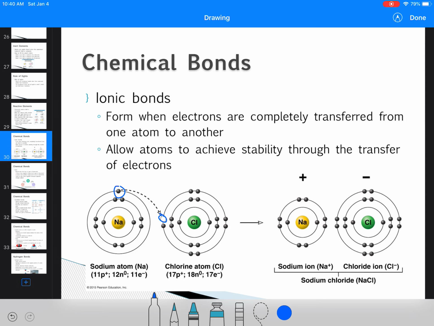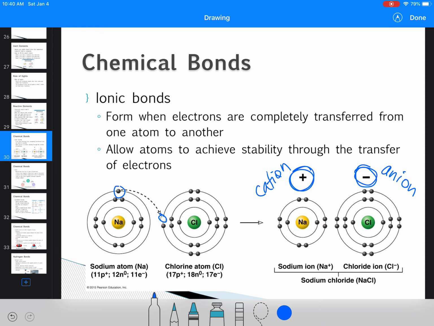So when the sodium gives up an electron, it's going to become a positively charged ion. Remember, we said that is a cation. And when the chlorine gains an extra electron, it's going to gain a negative charge, so it's going to become a negatively charged ion, which we know is called an anion.